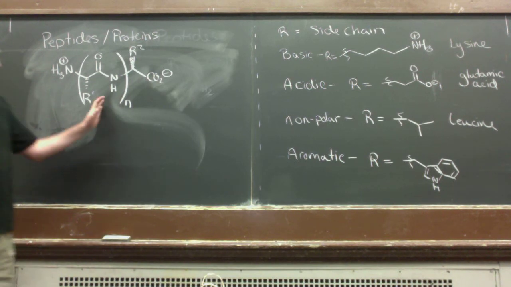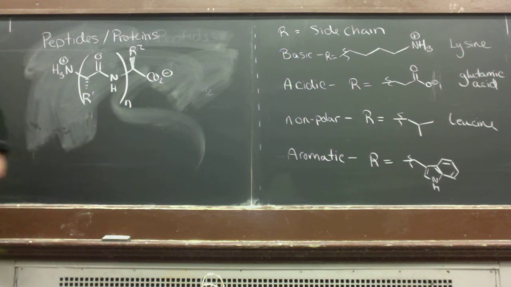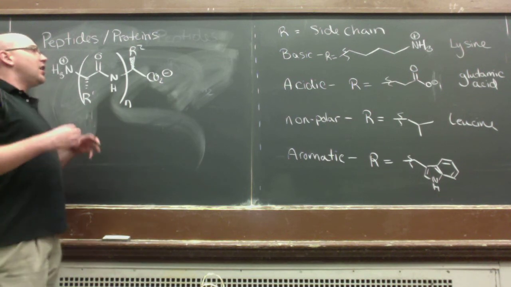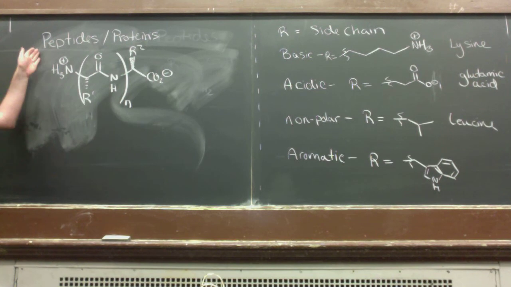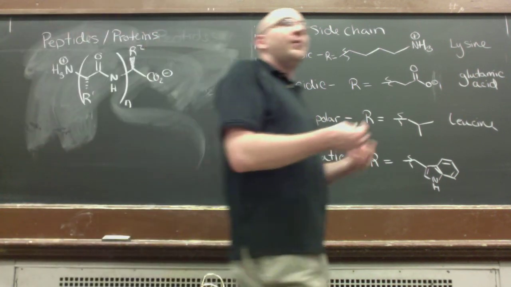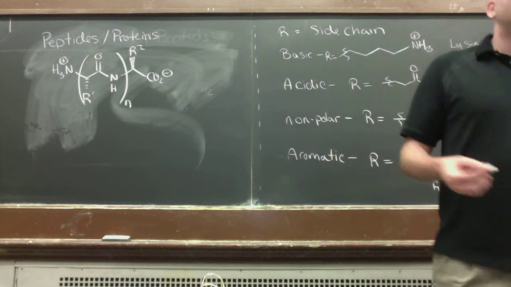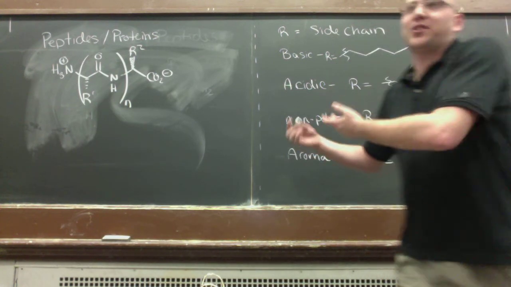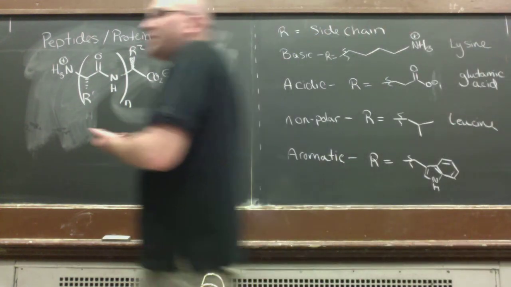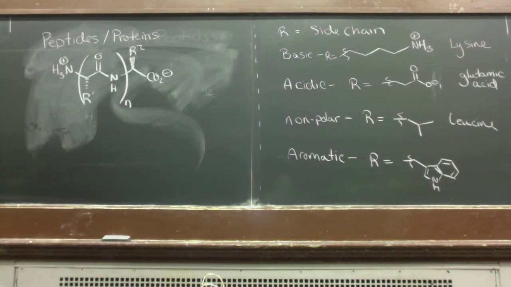And so, again, these can be hundreds, thousands of units long, and they will effectively create the sort of biomacromolecules that we have. What differentiates, for example, a peptide from a protein is simply the size we're talking about. Is there a cutoff where you start talking about something as a peptide versus a protein? Maybe, I don't know.